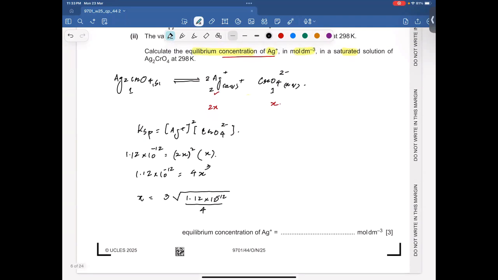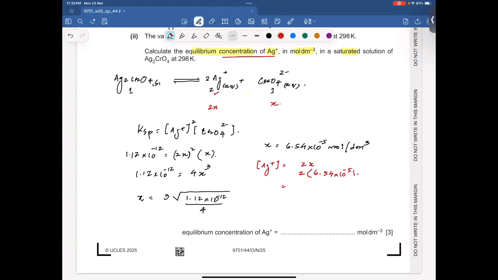So the value of x is going to be 6.54 into 10 to the power minus 5 mole per dm cube. We need to find the concentration of silver ions and we know the concentration of silver ions was 2x. 2 will remain as it is, and the value of x is 6.54 into 10 to the power minus 5.